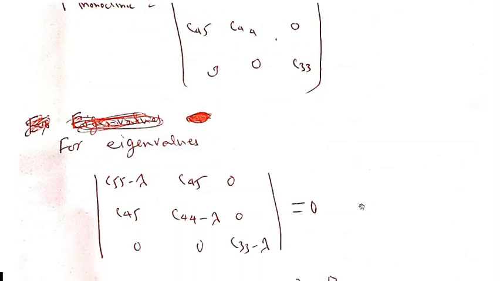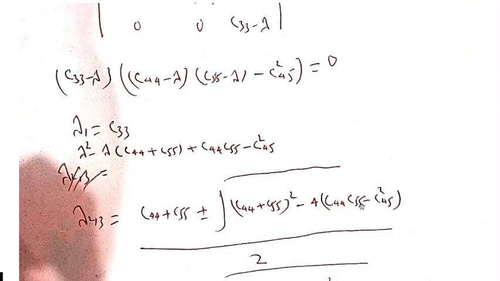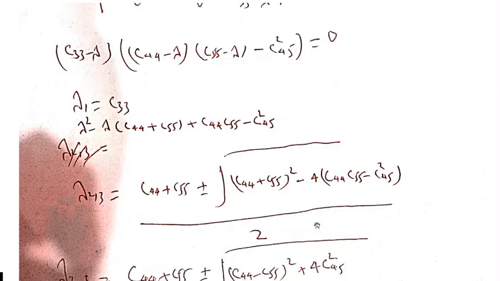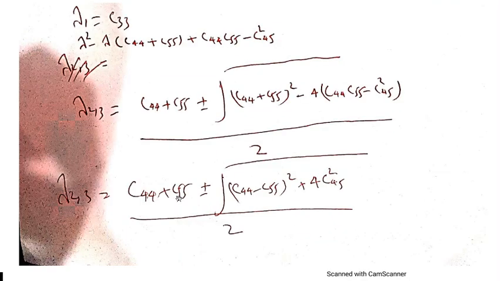So first we will find the eigenvalues of this matrix. By finding the eigenvalues, we have lambda 1 equal to C33, then lambda 2 and lambda 3 will be this. These are two eigenvalues, and this is the first eigenvalue.